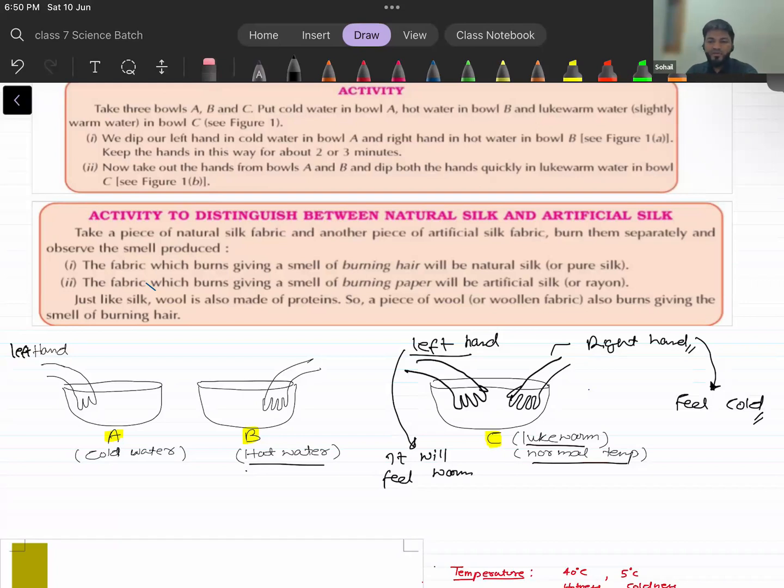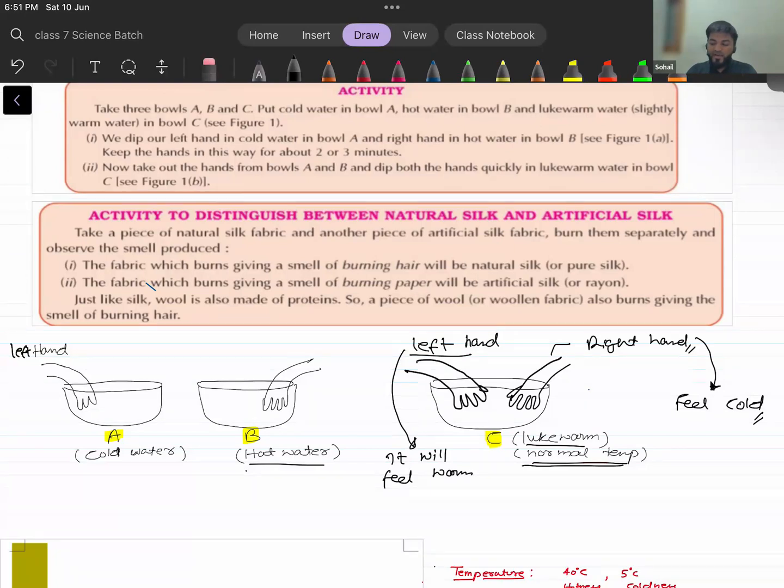Yes, sir. Sometimes our sense of touch is not reliable in telling us whether the given medium is hot or cold. Like I know that this ball C containing lukewarm water, the temperature of the water is normal, although I am experiencing different temperature in my different hands.